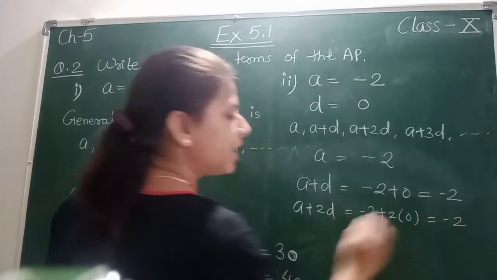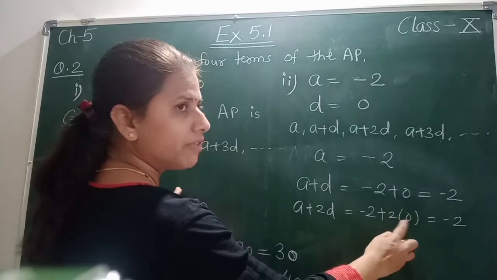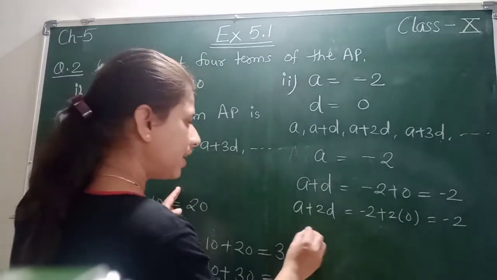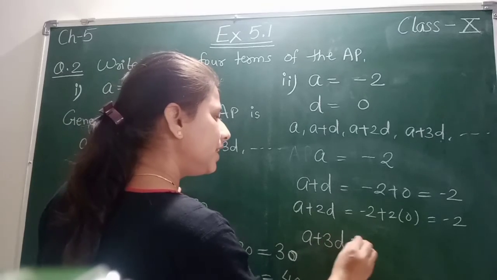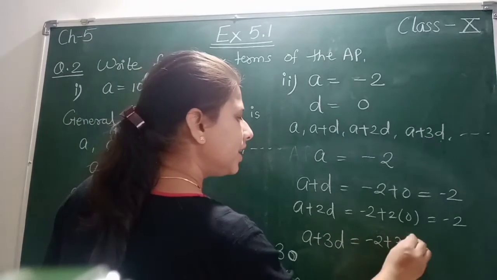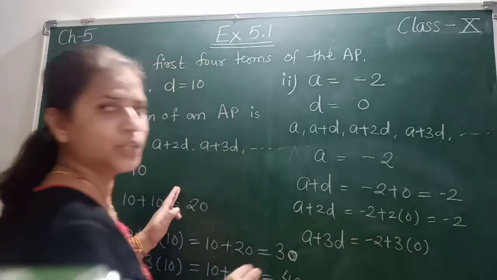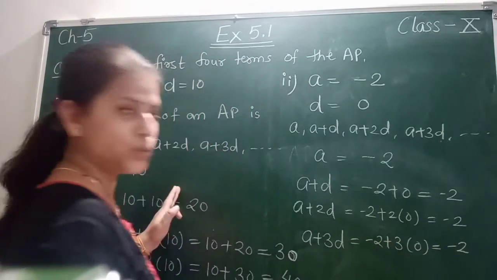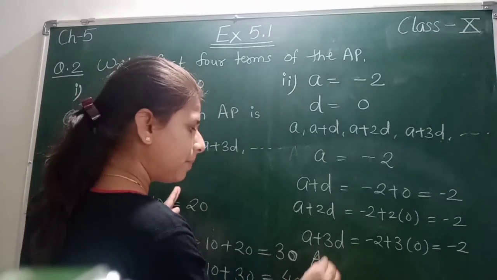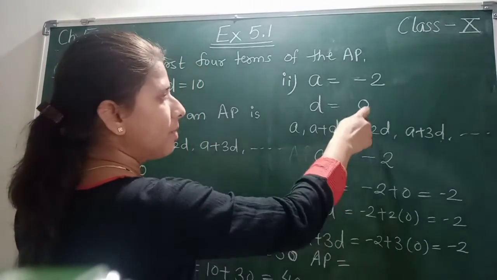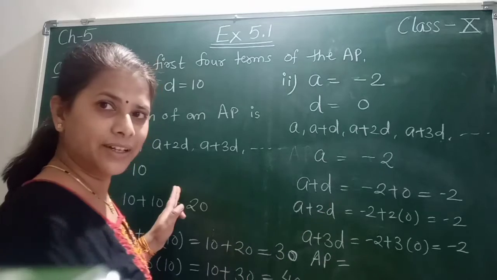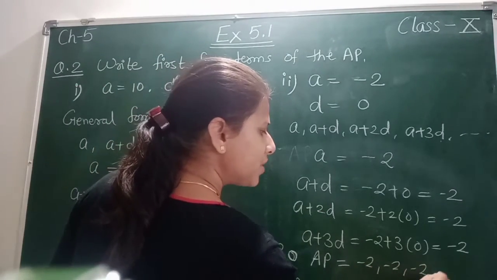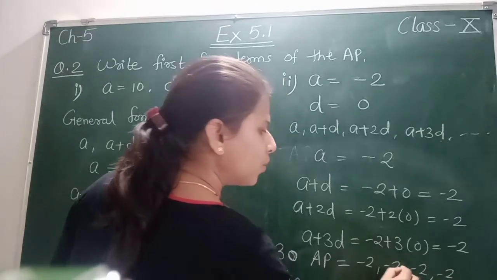Again we will get minus 2, because 2 into 0 is 0, and minus 2 plus 0 is minus 2. Next is a plus 3d: minus 2 plus 3 into 0. Again 3 into 0 is 0, and when we add it to minus 2 we get minus 2. So the AP will be, since the common difference is 0, the same number: minus 2, minus 2, minus 2, minus 2, and so on.